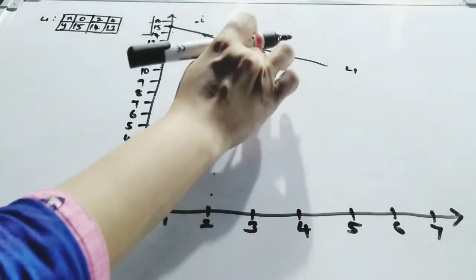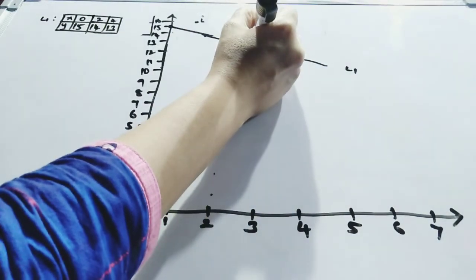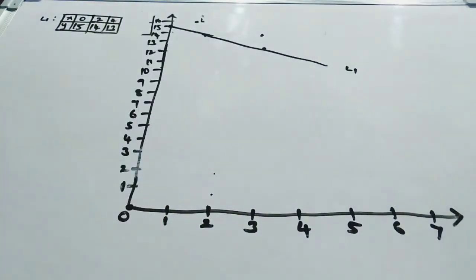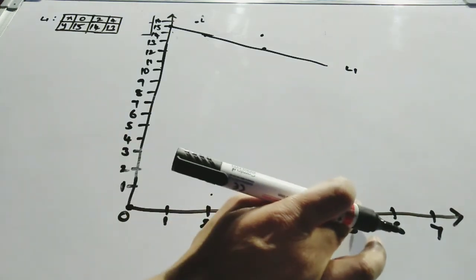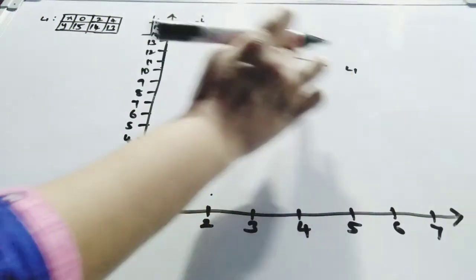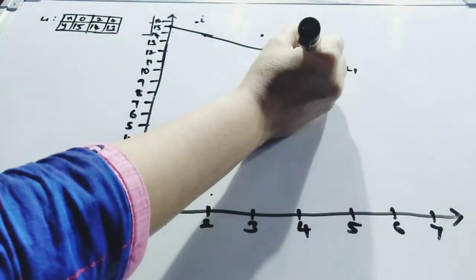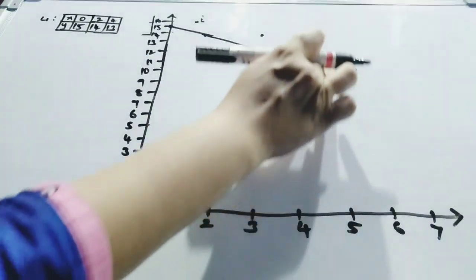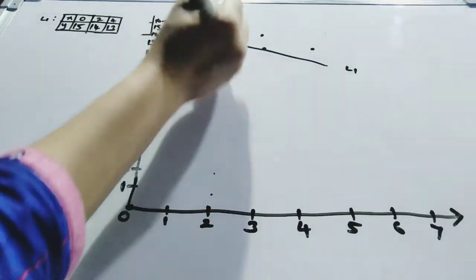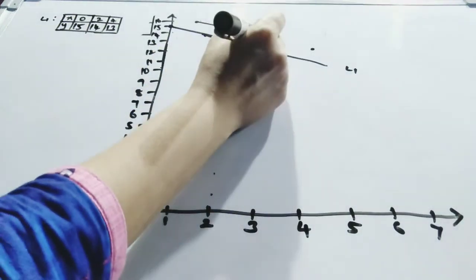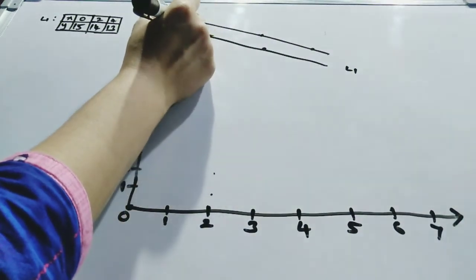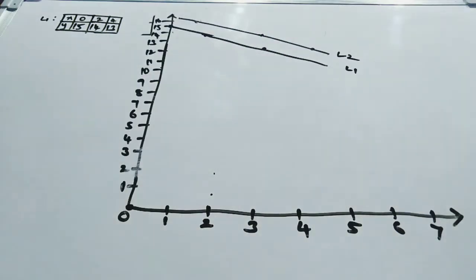Just go to 15 here. The next one is when x is 5, y is 14. Just go to 14 here. Just join the L2 line. This is the L2 line.